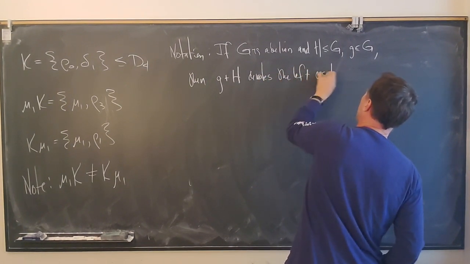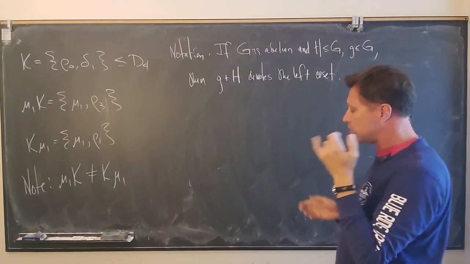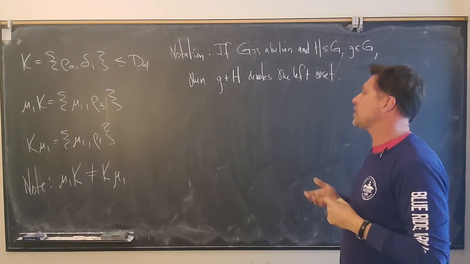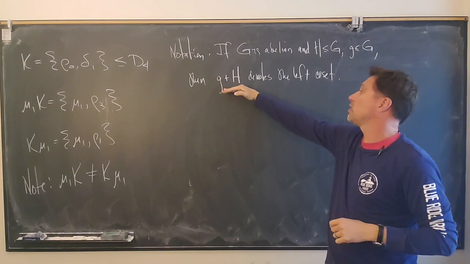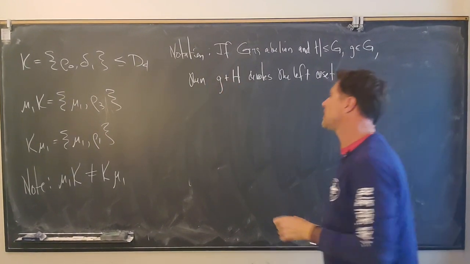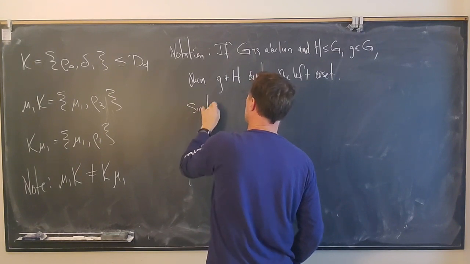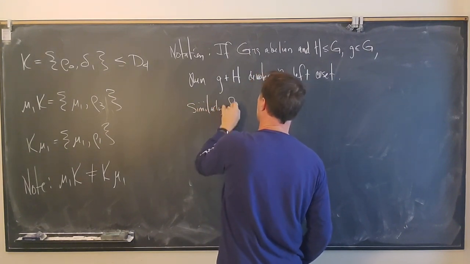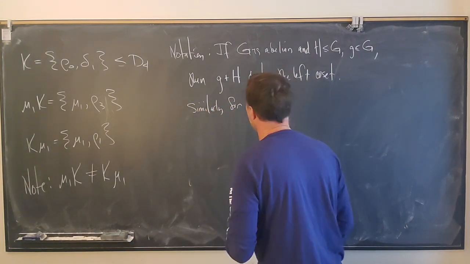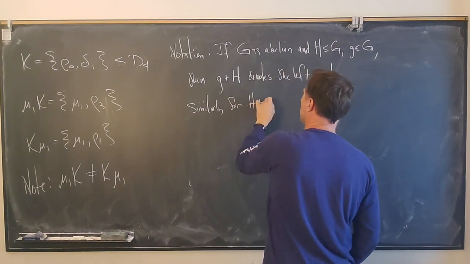We don't have to get too specific, but when the operation is addition, we will usually write the coset like this. And similarly for the right coset, H plus g.